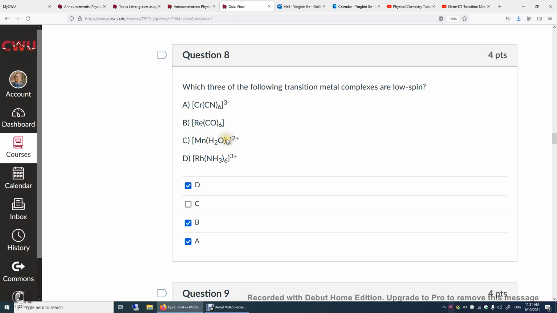This is high spin. The LFSE is pretty small, and therefore the d electrons prefer to be separated as much as possible. So this results in a high spin electronic state.